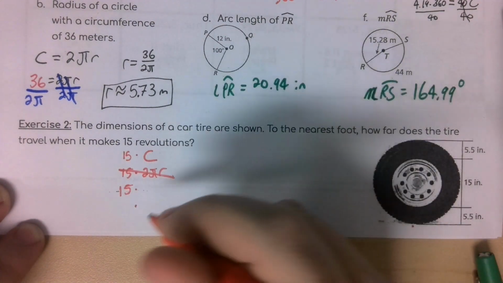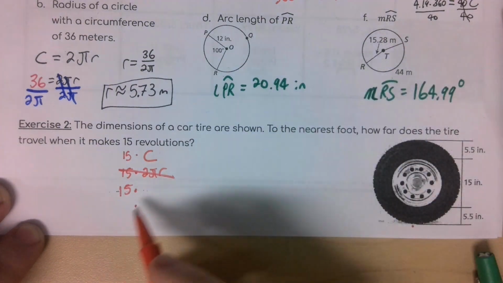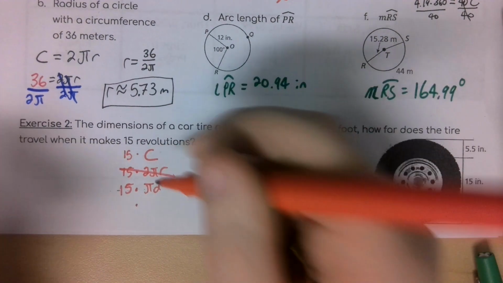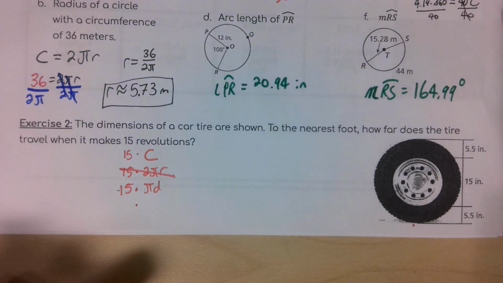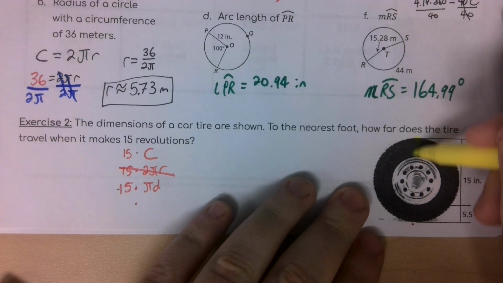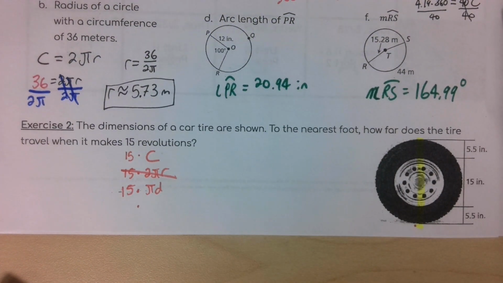But we do have a second formula. The circumference of a circle could also be written as pi times the diameter. And in this case, we do have a diameter. The diameter is going to be all of these lengths from the top of the tire all the way down to the bottom of the tire.